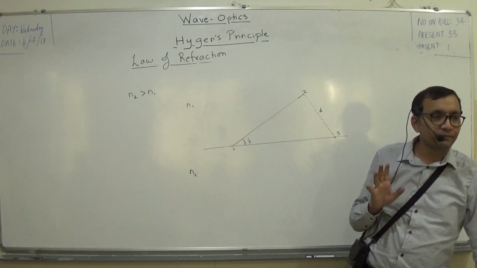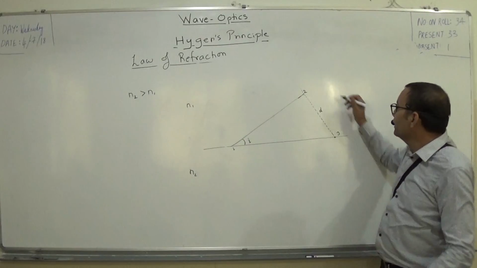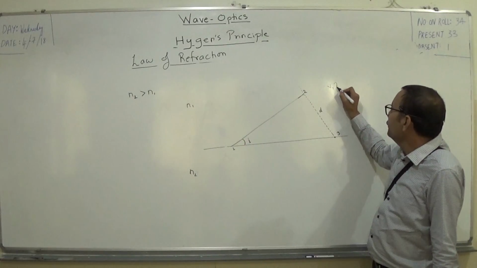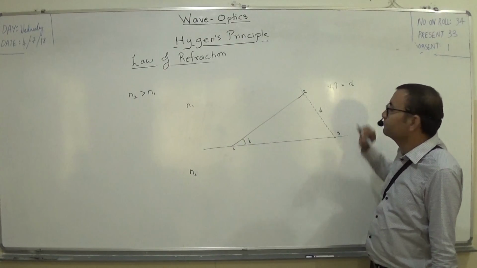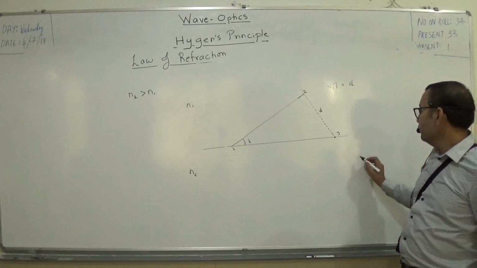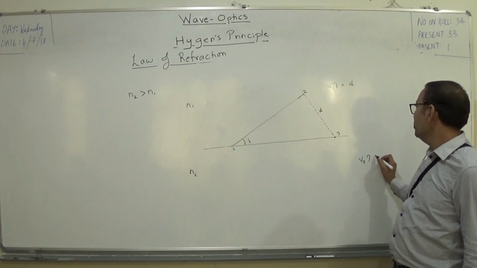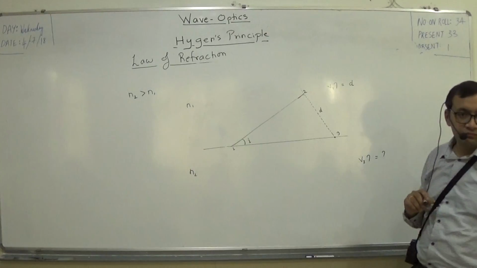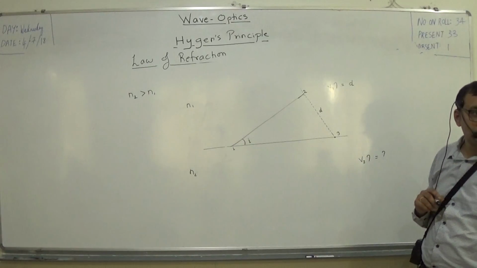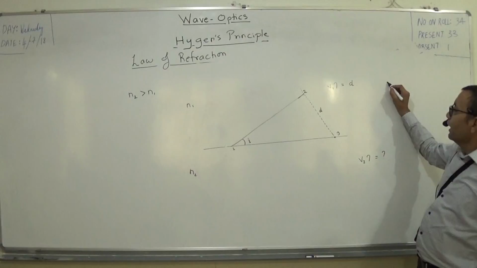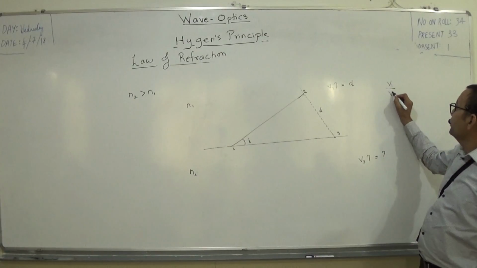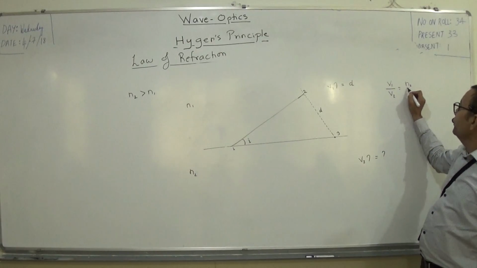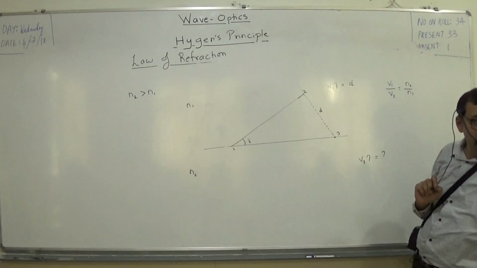Distance may not be the same. So if velocity here is V1, then V1 into T is equal to D. Fine. So if velocity is V2 over here, V2 into T is what? Right? So we know that V1 by V2 is equal to N2 by N1. Is this clear?